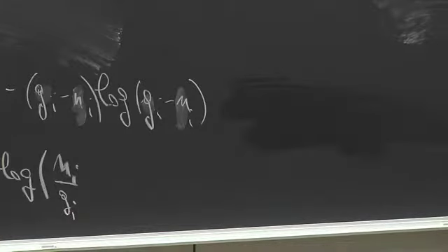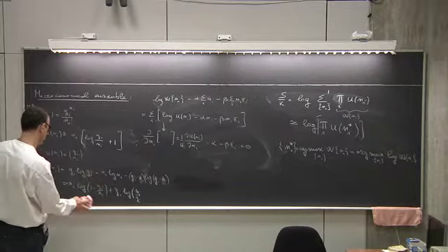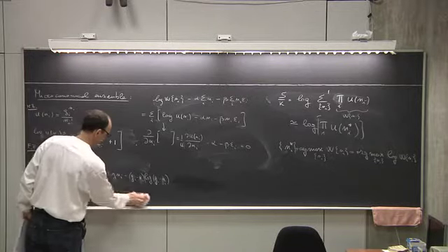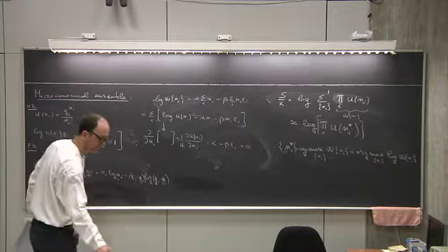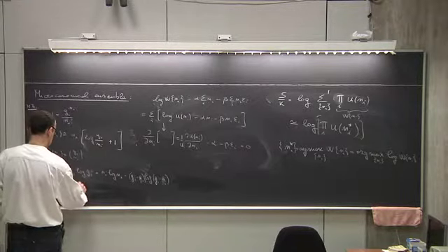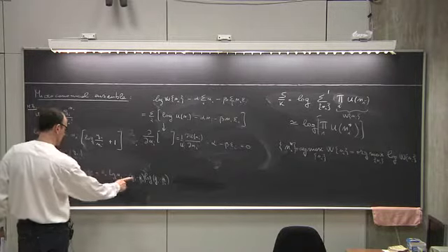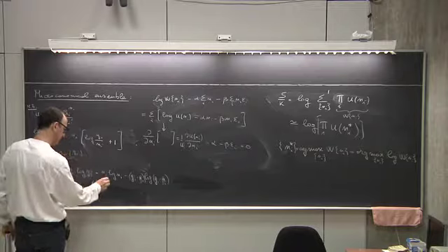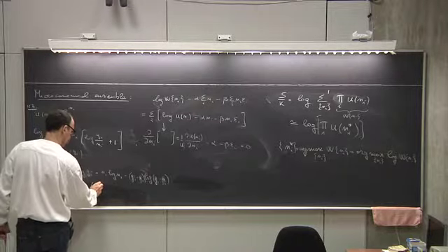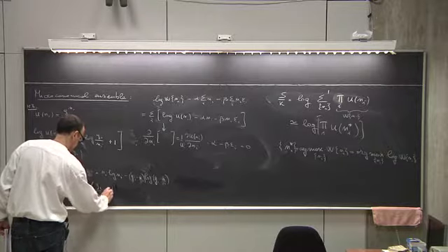Okay, so what you have here is, okay, now the term proportional to Ni is Ni times the log of Gi over Ni minus 1.